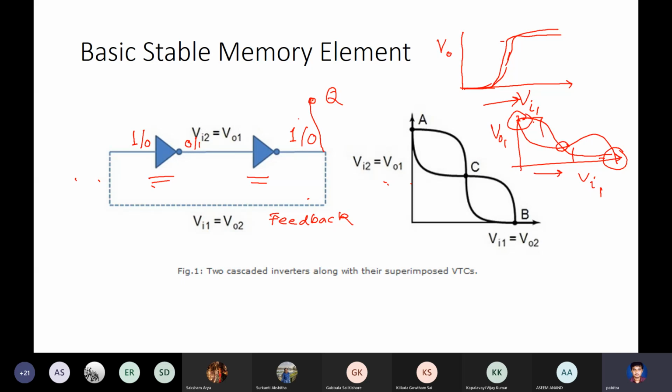And that gives us all the things that we need from a memory element. In a memory element, we need two things. We need to either set the memory value, or write a 1 or a 0 to it. And once you have written the memory value, the memory should hold it until there is a further command to overwrite what has been written.